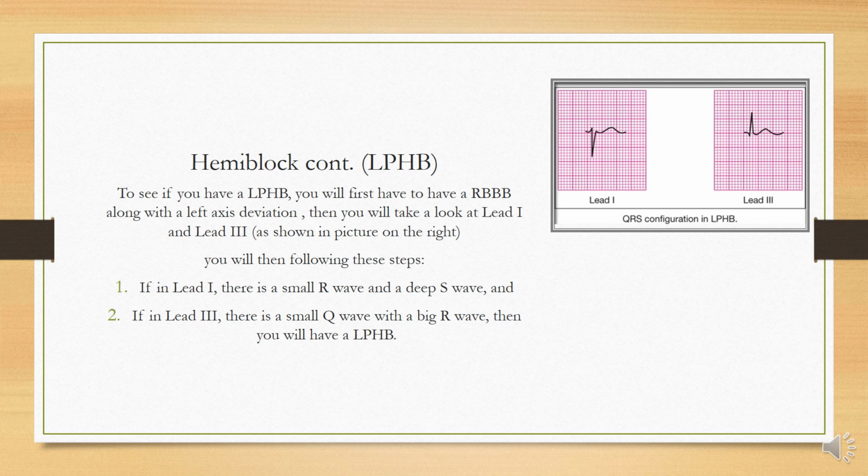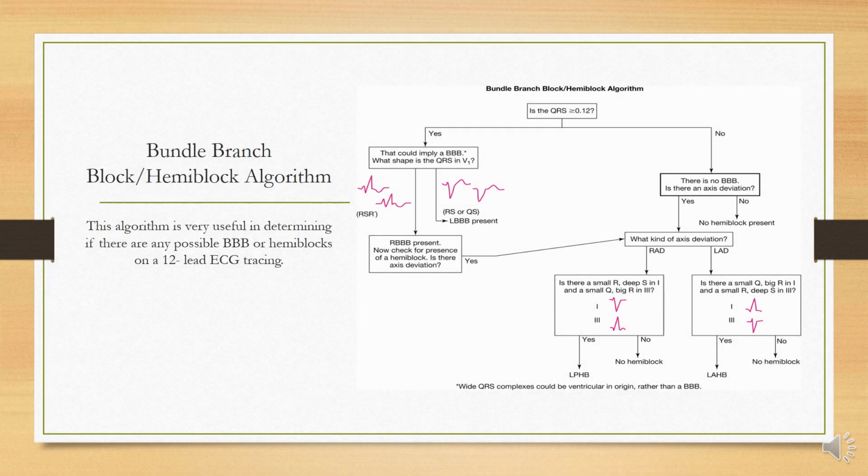Now, there is an algorithm that works wonders. It helps a lot. It's easy to look at and everything else. So basically with the bundle branch algorithm, it's asking you in V1 to see if your QRS is greater than or equal to 0.12.